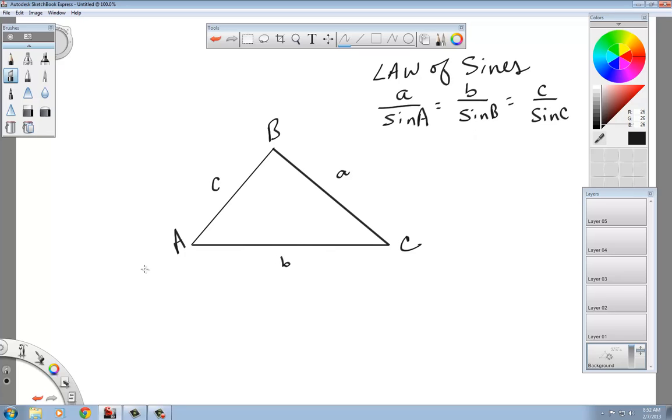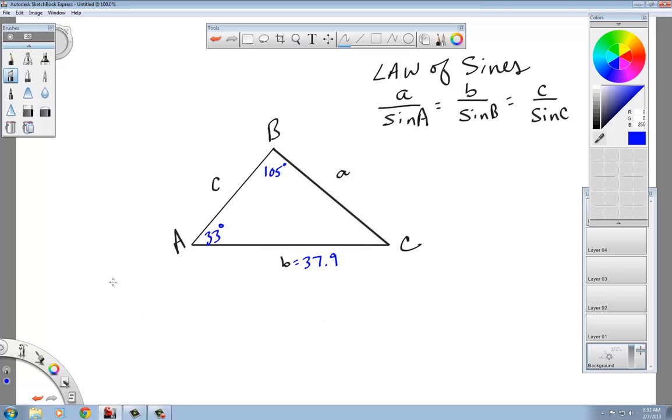So if we put this, and let me change colors here to blue, we'll make this 33 degrees, and we'll make this angle up here a nice big old obtuse angle of 105 degrees. And then let's say we also know that this side right here equals 37.9.